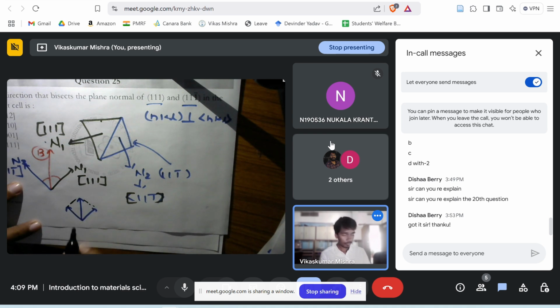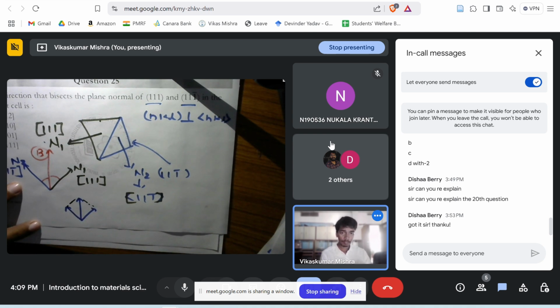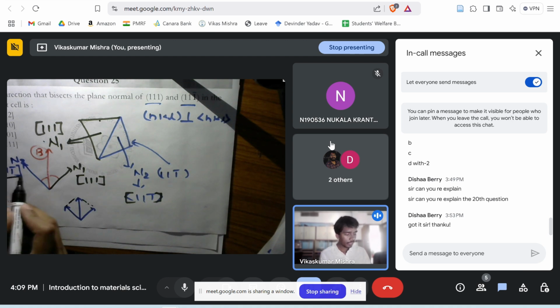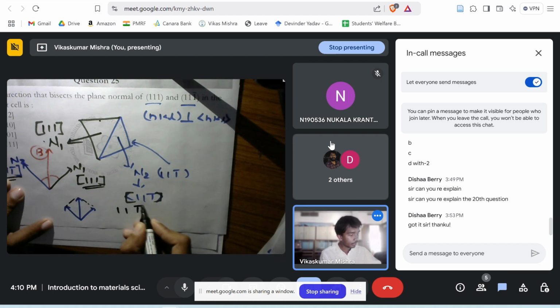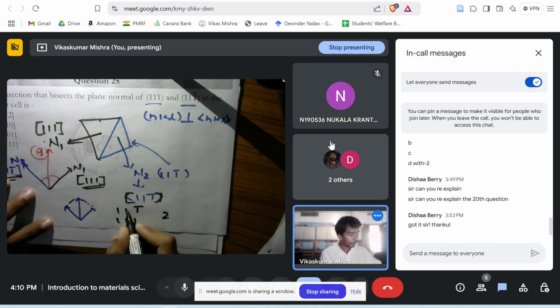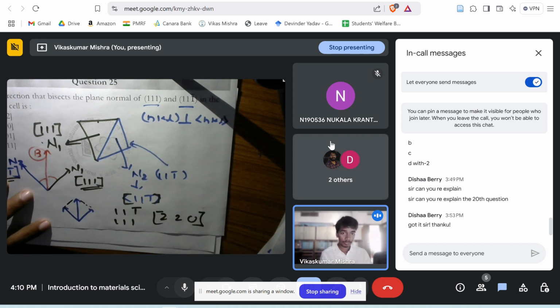If we add them, we get the bisector itself, because it is symmetric. So let's add the similar indices, 1, 1, 1 bar and 1, 1, 1. What will we get? This will be 2, this will be 2, this will be 0. So this is the direction which is bisecting both the normals.